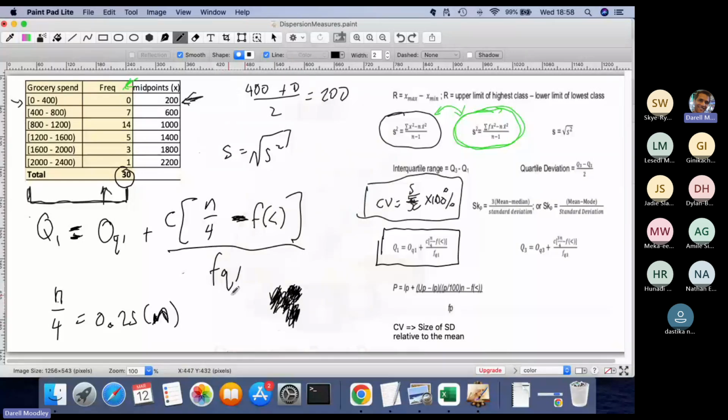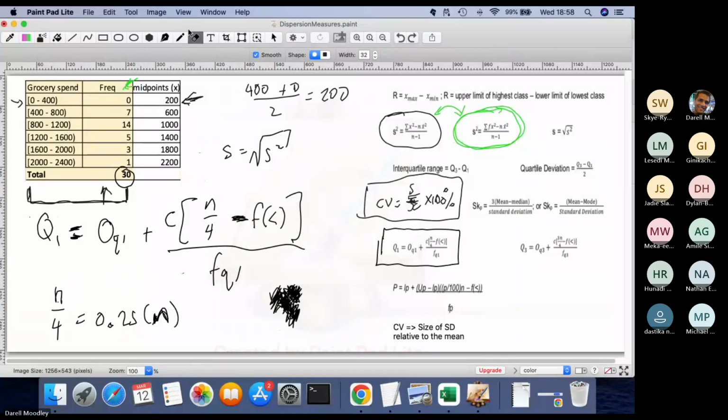I do think it should be consistent for grouped and ungrouped, but I didn't make the rules, everyone, so sorry. The formula is N instead of N plus 1 for grouped. So remember this: you have to apply a slightly different formula for grouped and ungrouped. For Q1, for ungrouped, it's N plus 1 over 4. This is for ungrouped.